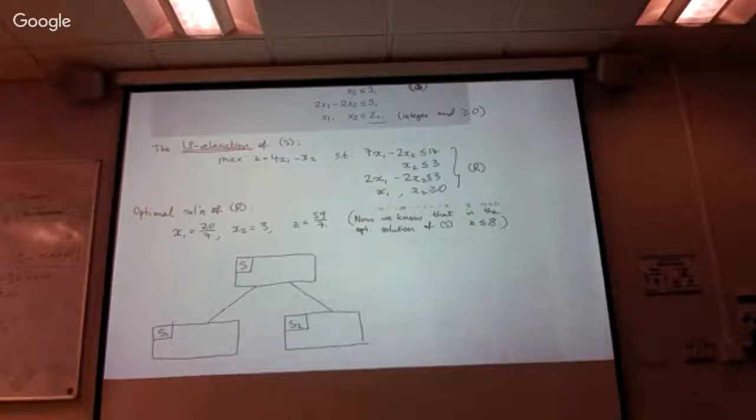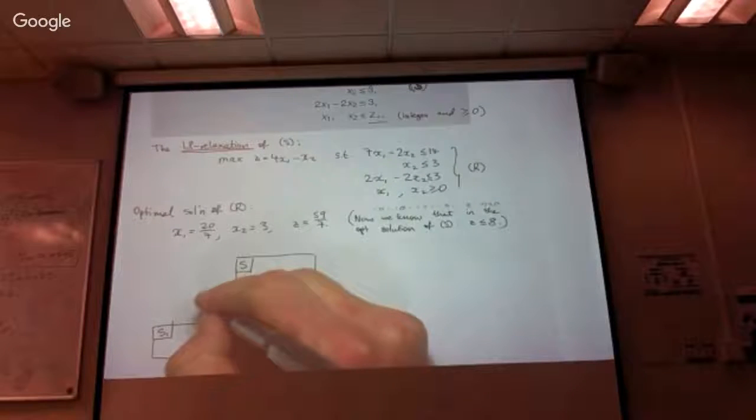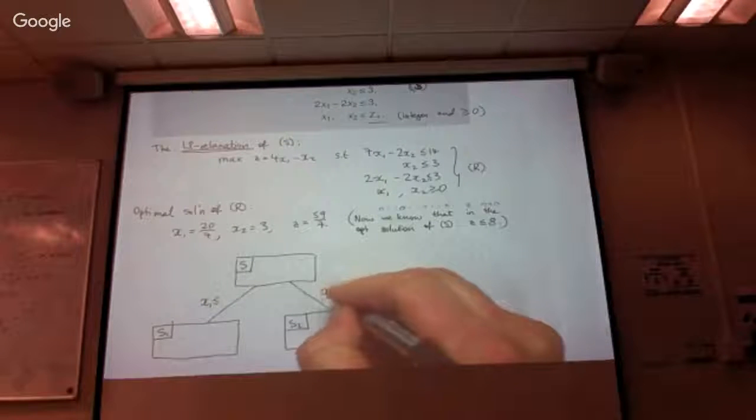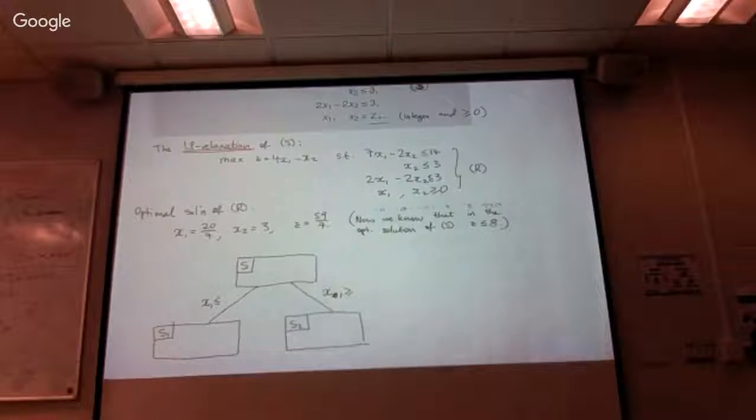And what we always do in this branch and bound algorithm is we do x1 less than or equal to something, and x1 is greater than or equal to something.